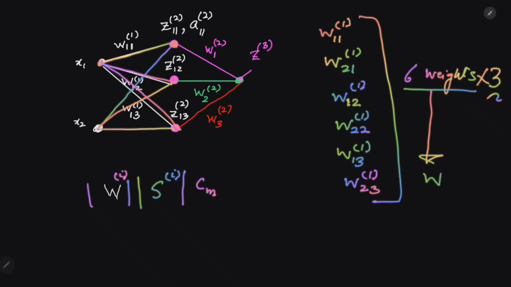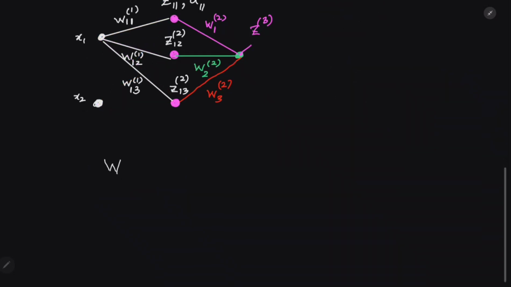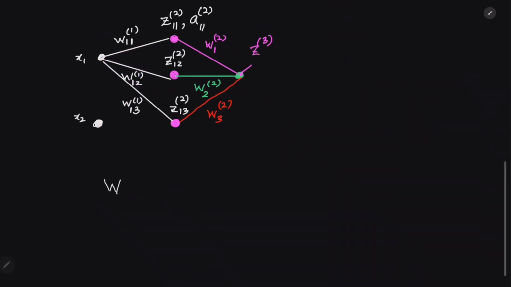We have W, then the number of neurons, and then the cost of multiplication, which depends on the software, your computer, and the architecture of your computer. So let me write it in neat form: we have Wi, then Si, and Cm.